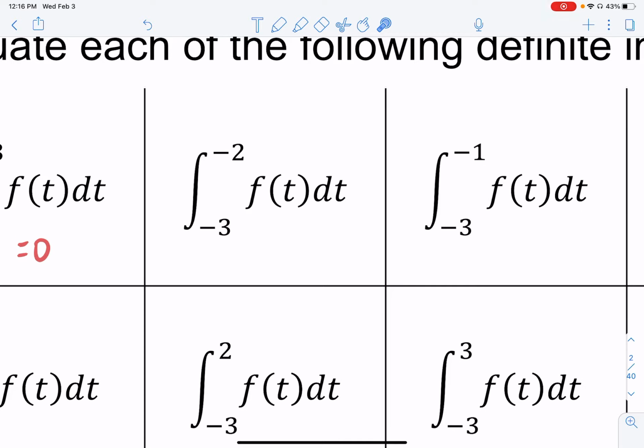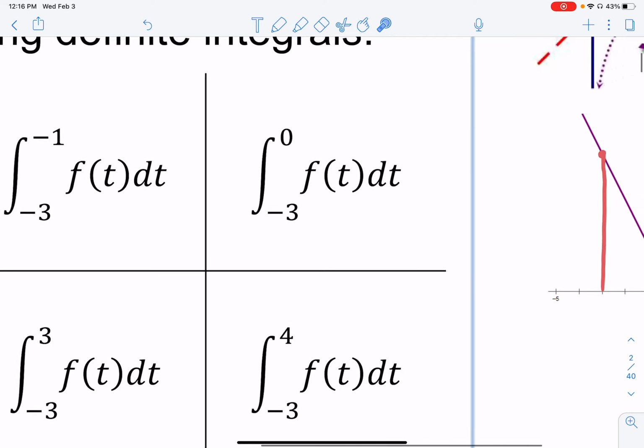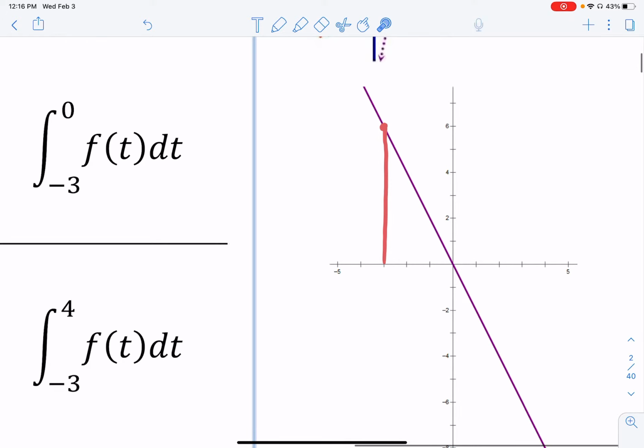We want to find the definite integral from negative 3 to negative 2 of that function. This one should have some sort of area because we are actually moving off of our starting point. Here, let's draw it in. I think that should hit at 4, because if we stick a negative 2 into our negative 2t function, I should get positive 4. So this one is 6, this one's 4. Now we do get a trapezoid.